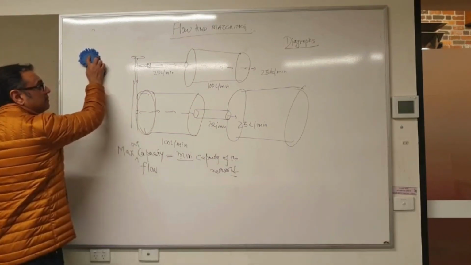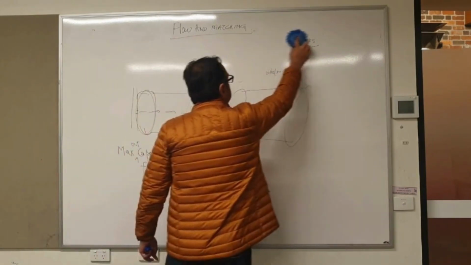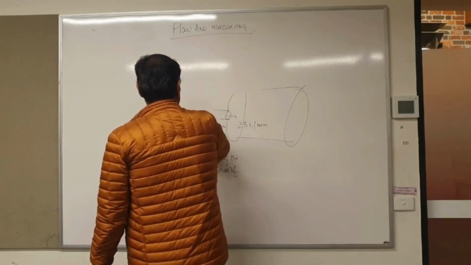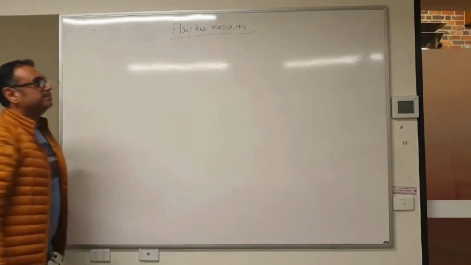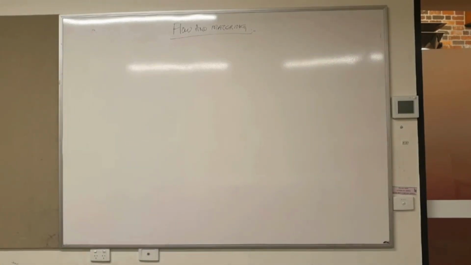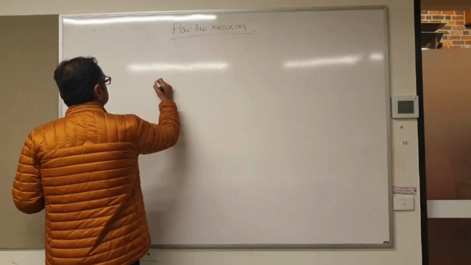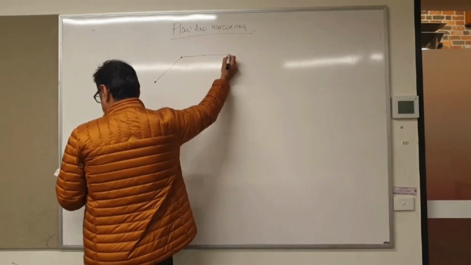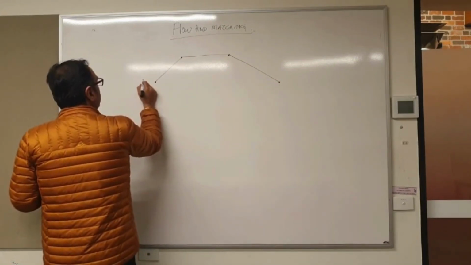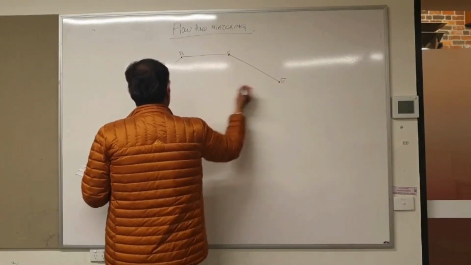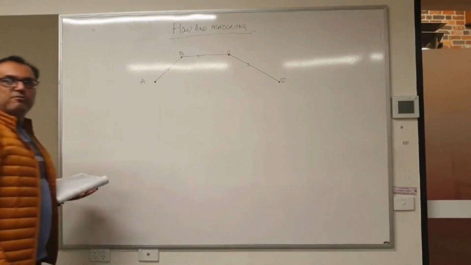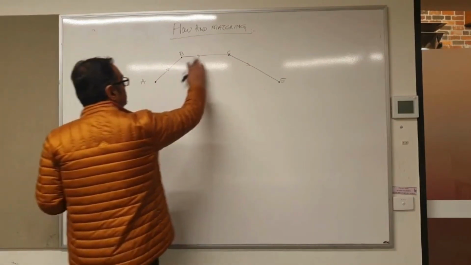Let's say that's how my diagram is. There are cities A, B, C, and E. That's how the traffic is flowing between different cities.